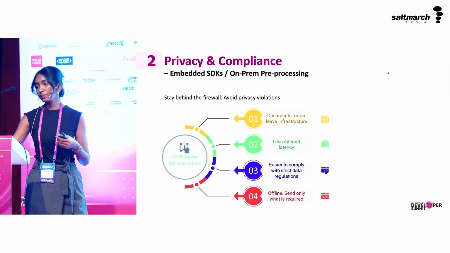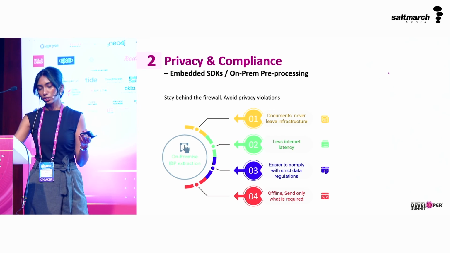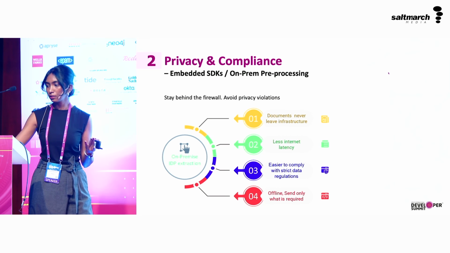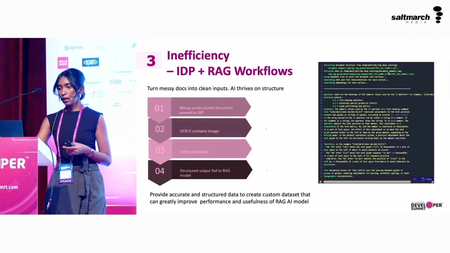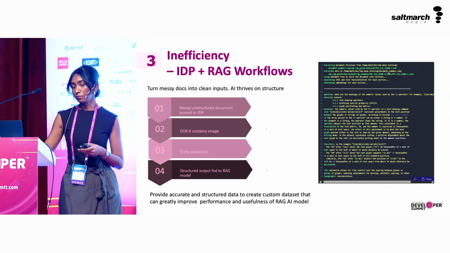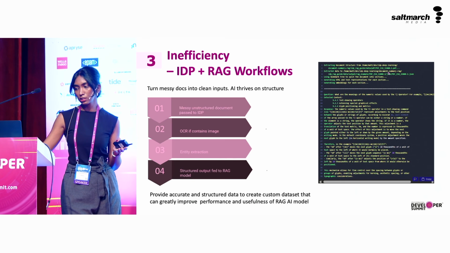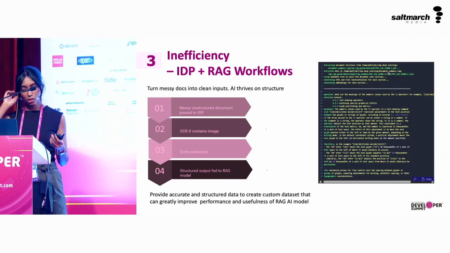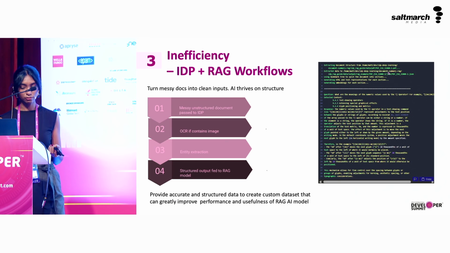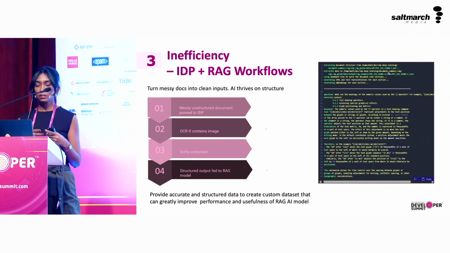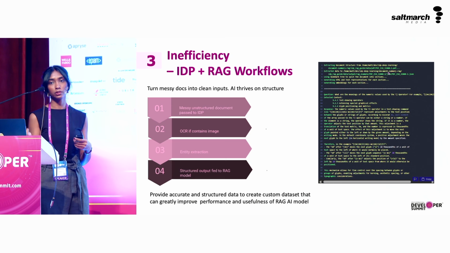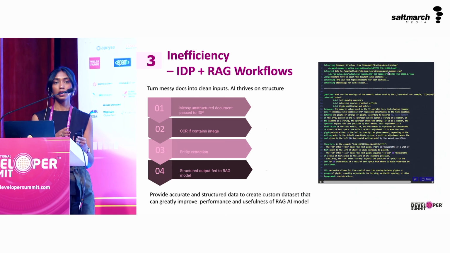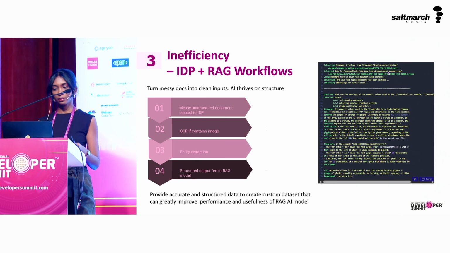And lastly, if it's edge and offline, you are running the extraction in a remote, disconnected environment that sends only what is required. The last way we can increase efficiency is coupling IDP with RAG workflows. We know RAG, retrieval augmented generation: when a user poses a query, the system searches a vast collection of documents, then augmentation combines the results with the original query, and the generation is fed into the LLM, which generates a response.